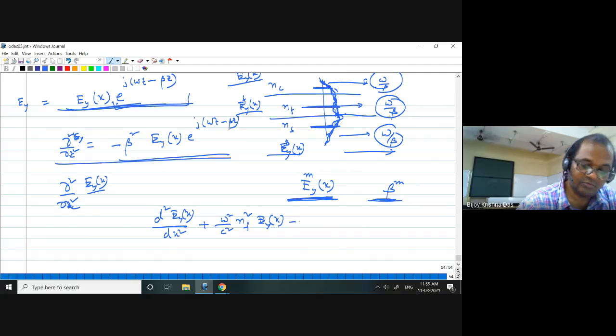Minus beta square Uyx. Is that correct? Equal to 0. The previous equation can be written like that.